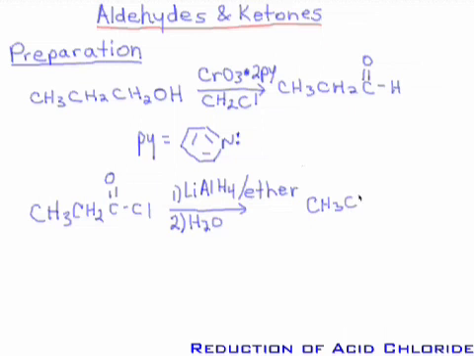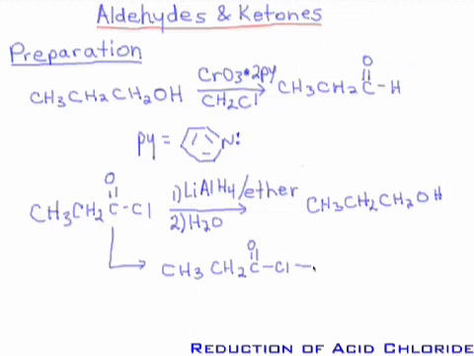And so once again, we need a special reducing agent to stop at the aldehyde. So in other words, just as before, hitting this will go through the aldehyde. We will get H minus substituting for the chloride.